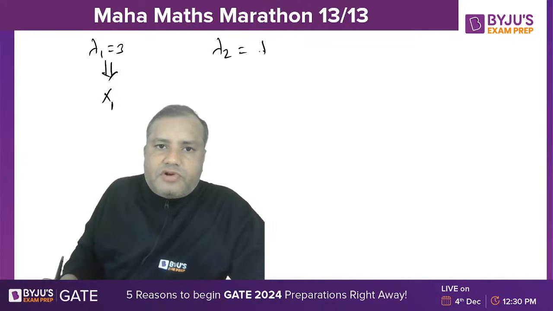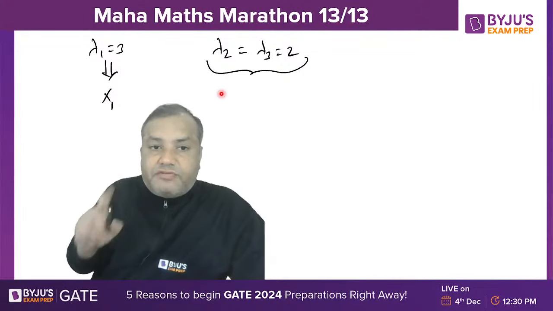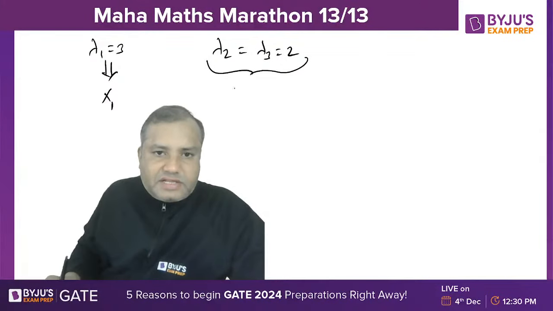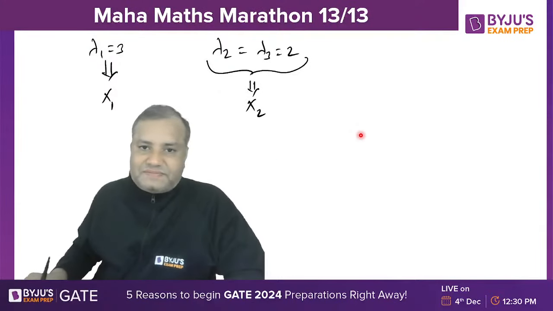So for lambda 1 equal to 3, there is 1 eigenvector, and for lambda 2 equal to lambda 3 equal to 2, we have got geometric multiplicity 1, meaning only one eigenvector, that is x2. So in total there are 2 eigenvectors.